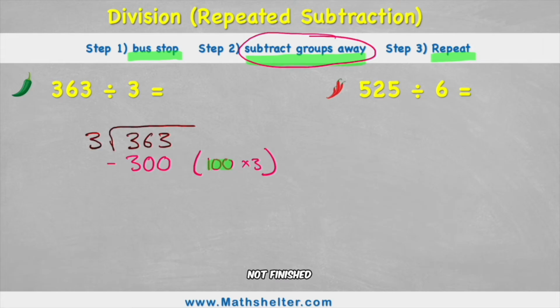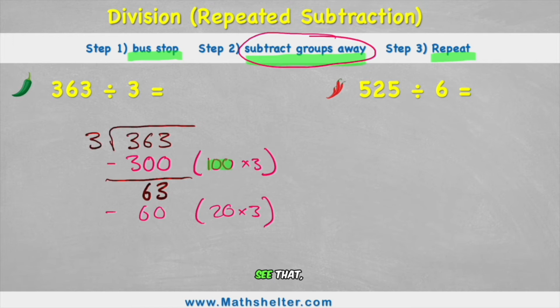But my question's not finished because I've only taken away 300. So now what I have to do is take away my 300 from the 363, which leaves me with 63. And again, I'm going to look for a group that I can take away. Well, some people might be able to see that I could take a whole 60 away, which would be 20 lots of 3.